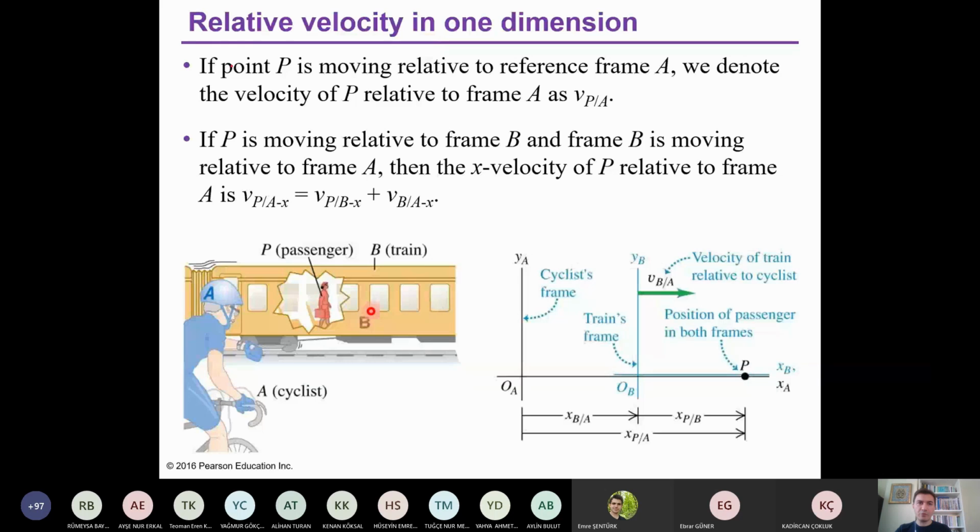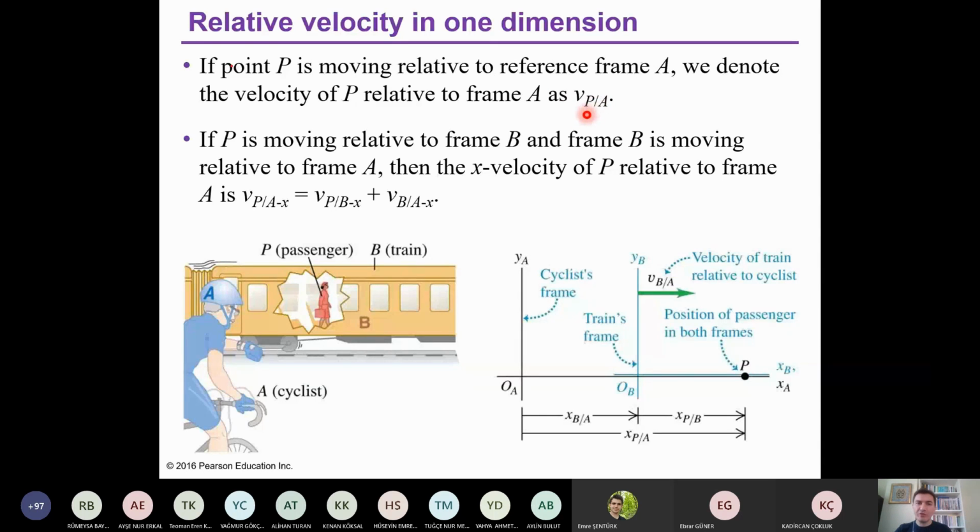So P is moving relative to reference frame A. We denote the velocity of P relative to frame A. It is given with this expression, the velocity of passenger relative to the cyclist. Okay.